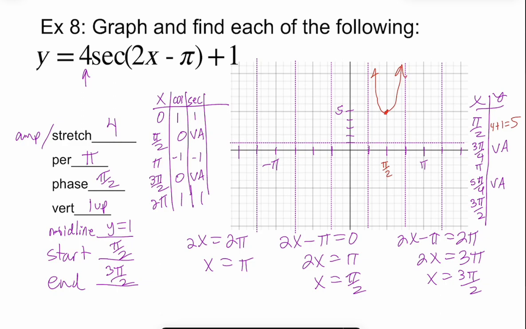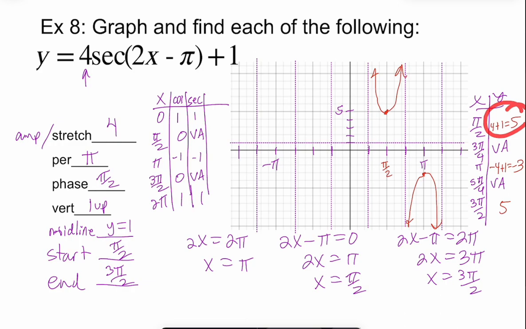At pi, we are at 4 times -1. That's -4 plus 1 is -3. We're at a lower bump at pi. We're at a lower bump of -3. Those lower ones always go down. Now, we don't have to even put the final one on the chart, but 3 pi over 2 is an upper bump.